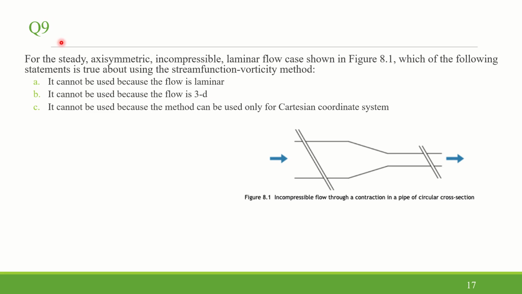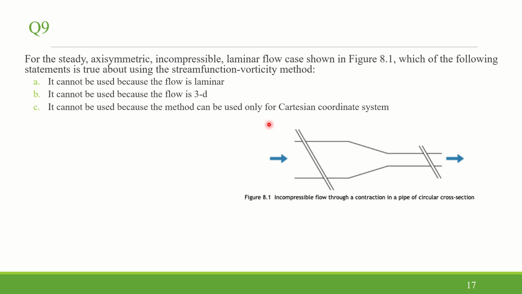Okay. So I'll read the question first. In the question, what is asked? For the steady axisymmetric incompressible laminar flow case shown in 8.1, which of the following statements is true about the stream function vorticity method? So here we are now moving on to the stream function vorticity method, and again in the question it is mentioned that it is a steady state problem, axisymmetric problem, incompressible problem, and laminar flow problem.